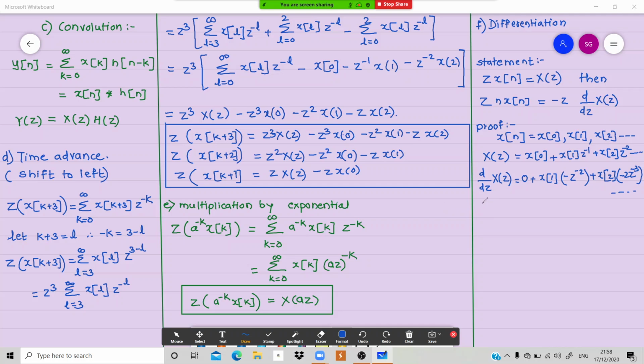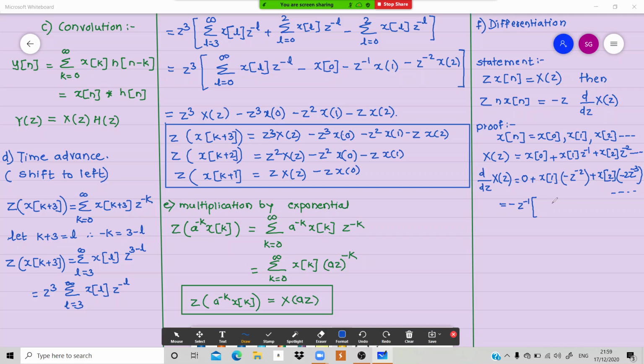Now if you want to take something common out of it, you can see that z raised to minus 1 is common. So we want to take that common. Why not 2, you will understand. Let me take it. The minus sign is everywhere, and z raised to minus 1.